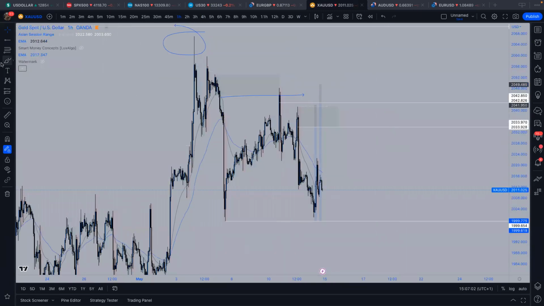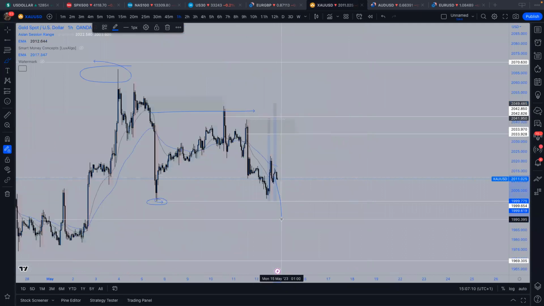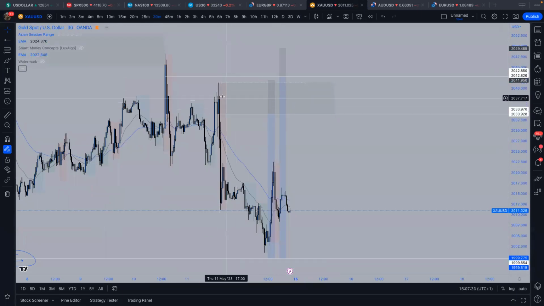So we have this low, which didn't really test anything other than just kind of came into this imbalance a little bit more. So I could maybe see price running a little bit lower. But what I could maybe see price do is, if we do actually get that confirmed breaker structure, I do have maybe a couple zones a little bit higher up, which we could test. So we have this first 30-minute zone in here.